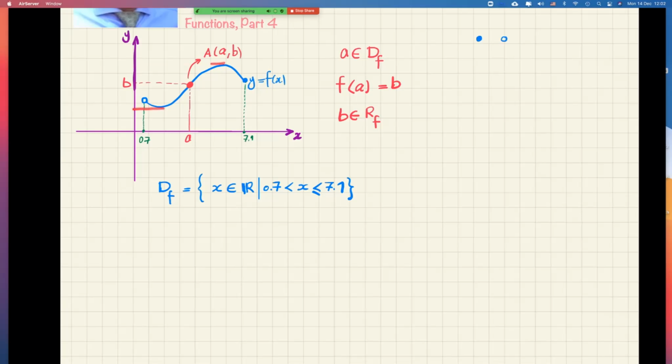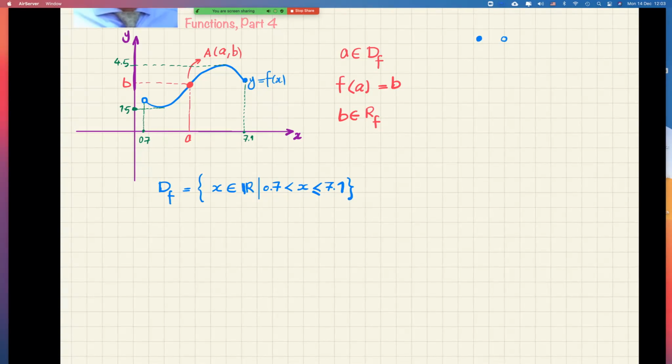So the range is limited to these values. For example, let me give some numbers here. Assume that this lowest value here is, for example, 1.5, say. I don't know exactly, but then the maximum point here is 1, 2, 3, 4, 4.5, for example.